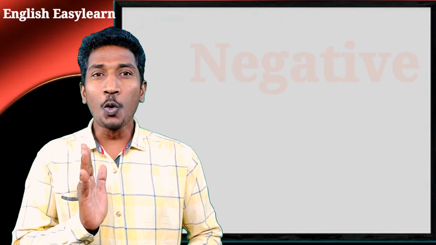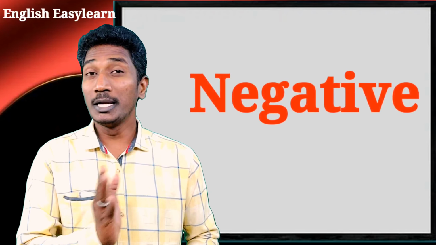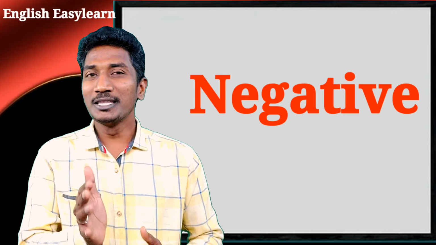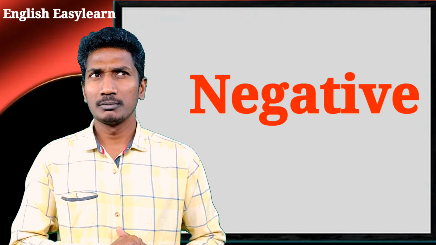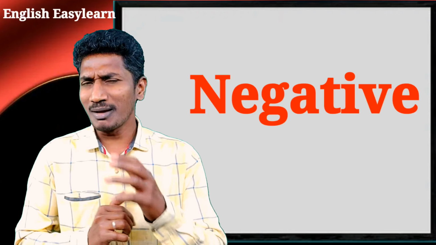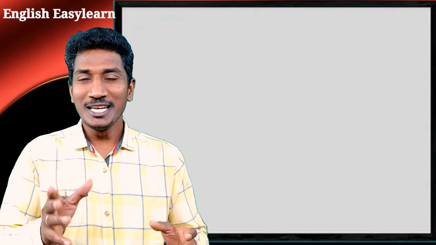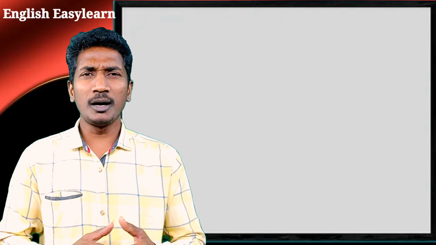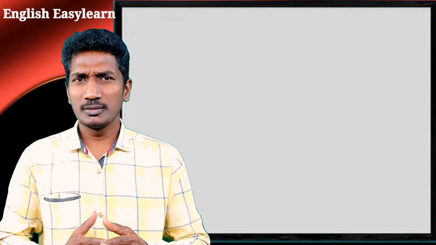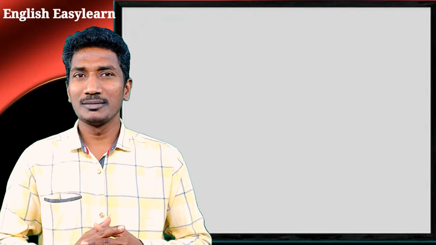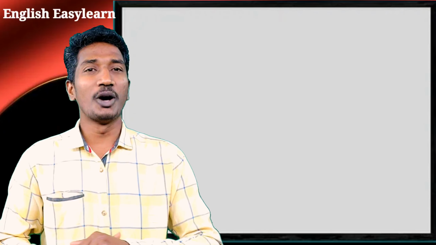When it comes to negative sentences, how do we use have and has? Is it the same way, sir? Like "I not have", or "she not has", or "she has not"? No, definitely not.